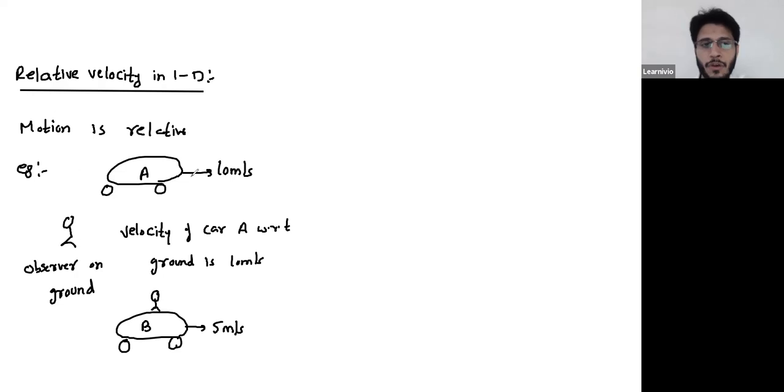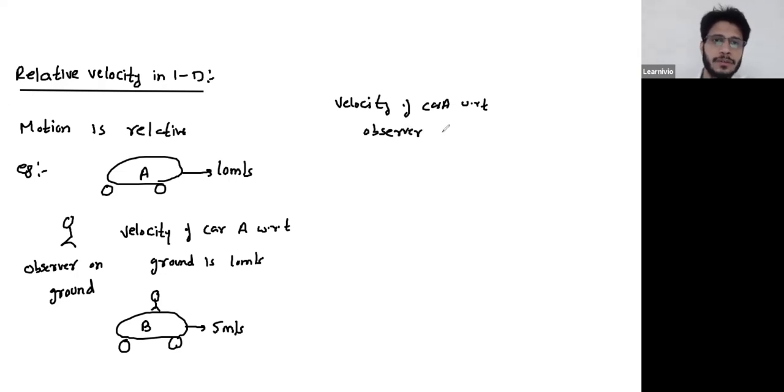So the velocity of car A with respect to the observer in B is not 10 meter per second. If instead of 5 we take another number, let's call it 6, it is 10 minus 6, which is 4 meter per second.